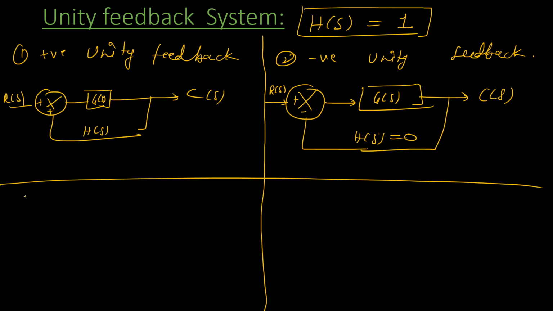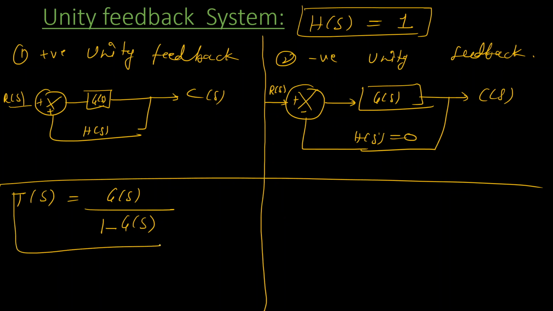And we know the transfer function of unity feedback. Since here we are having positive feedback, in case of positive feedback the sign in the denominator will be negative, and since we are taking HS equal to 1, the transfer function in case of positive unity feedback system will be GS upon 1 minus GS.